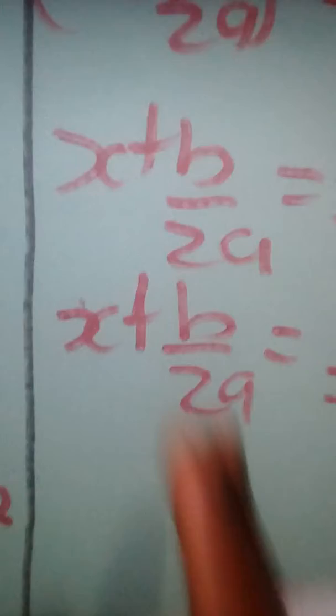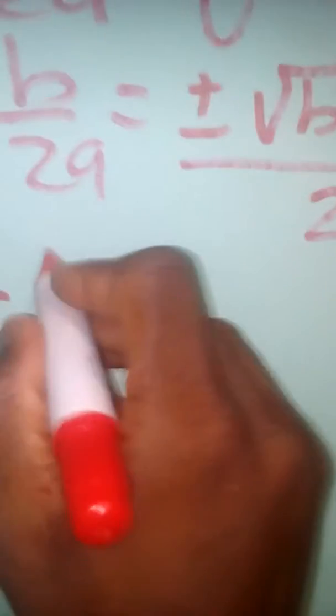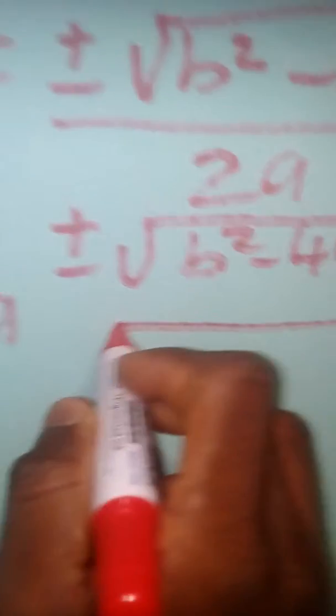Now I'm going to collect like terms. I'm going to move b over 2a to the other side, leaving x alone, making x the subject of the formula. It gives me minus b over 2a, I just move this here, plus or minus square root of b squared minus 4ac all over 2a.